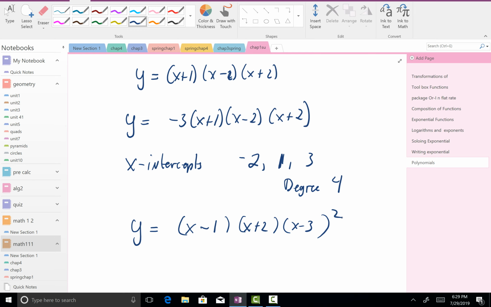Now, on those ones, they're getting specific with the A value because they give you a point, but I'm not going to worry too much about that. I just want you to come up with equations. We can talk about how to find A values a little later. So when you're checking these and they're giving you specific A values, that's okay.